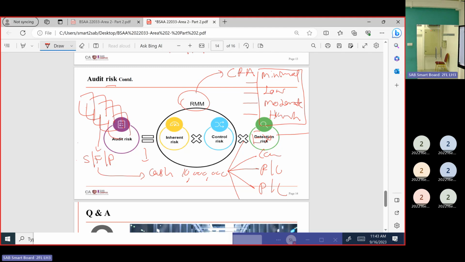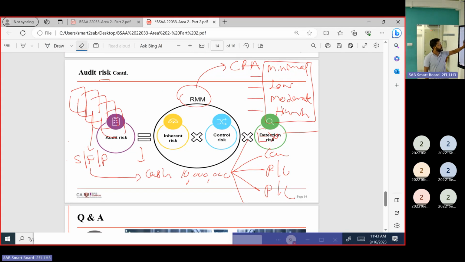Keep updated. That's a challenge. Participating in lectures and getting an A pass for auditing may be peanuts. Okay. Right. That's about audit risk.